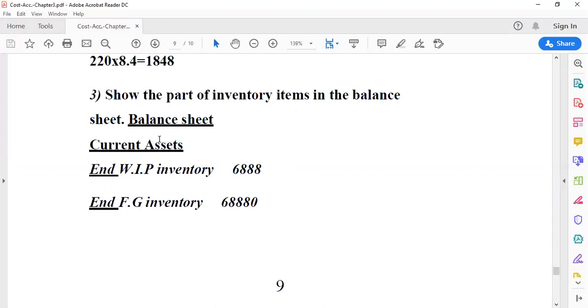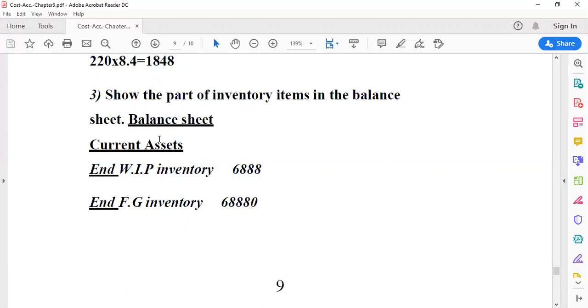Okay, I will get the equivalent units for each one, the equivalent units for the work in process inventory and the equivalent units for finished goods inventory. Okay, these are the units. What about the amount? How can I calculate the amount of this ending work in process and this ending finished goods?